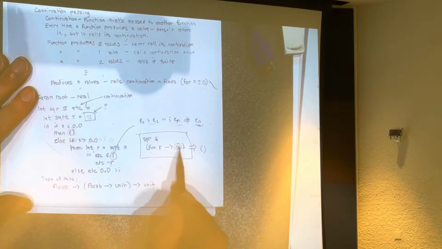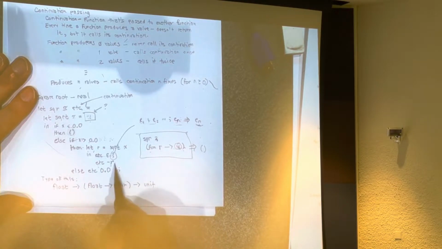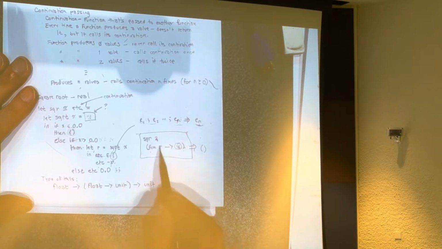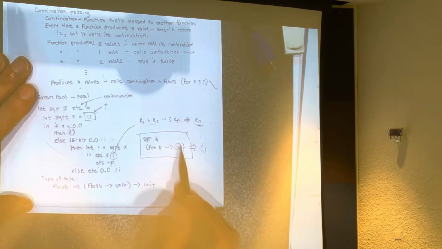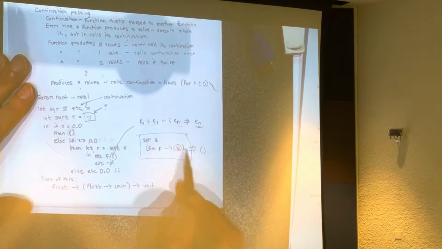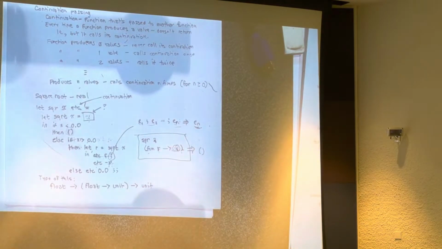We don't know what, but it'll do something. Then it will get minus R here, and it does something with minus R. Okay, so it's important to distinguish between the value returned by a function and the value that is provided to its continuation. Right. That make sense?